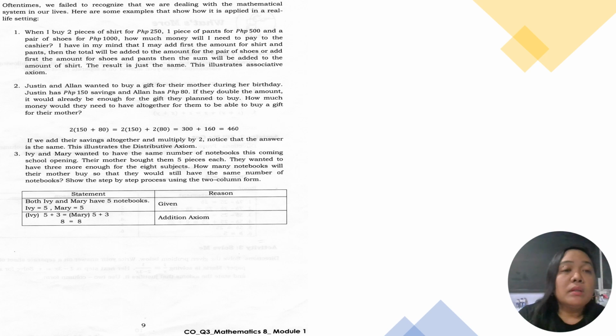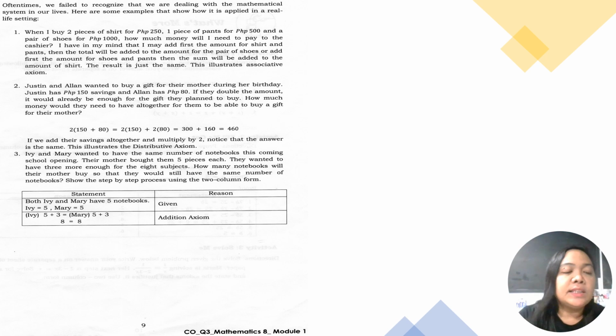The grouping of what we added first does not affect the sum. So without you knowing it, when you go shopping, you apply the mathematical system.